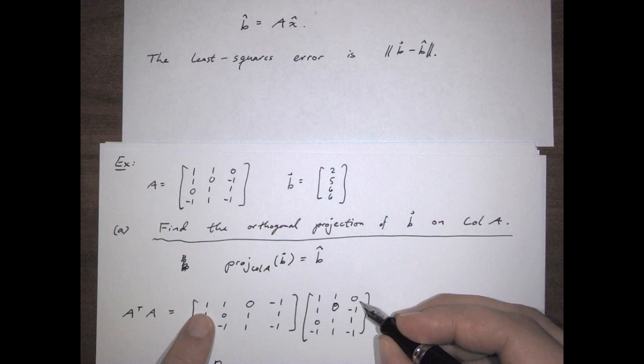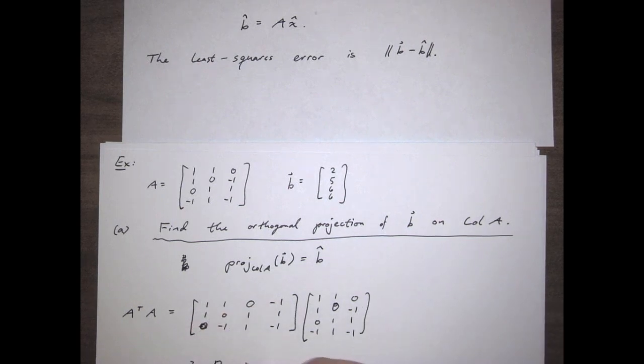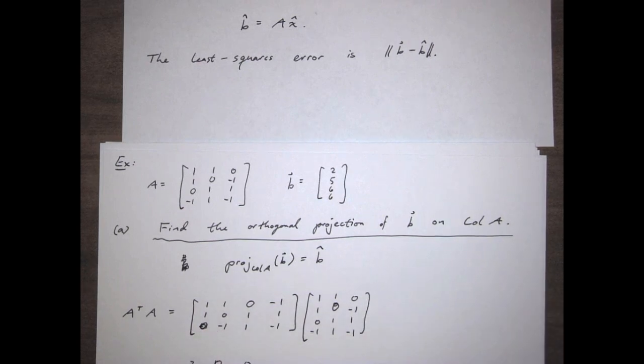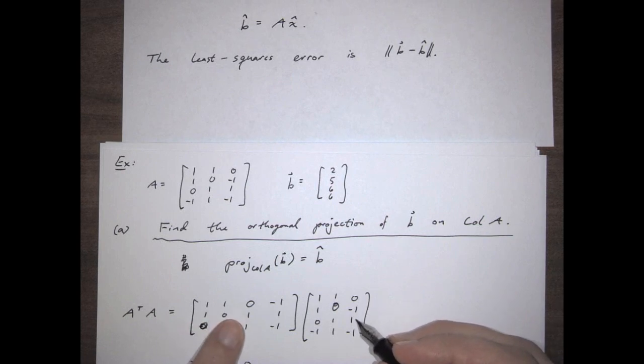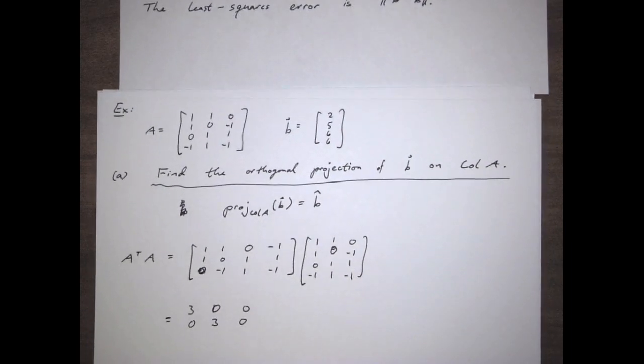This next one is negative 1 plus 1, which is 0, and then 3. And then here it's this one times this one, 0, 0, negative 1, 1, 0. And then lastly here we're going to have 0, 0, 3.